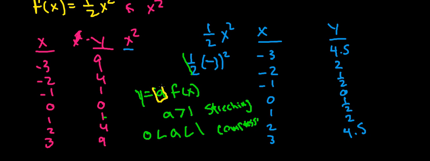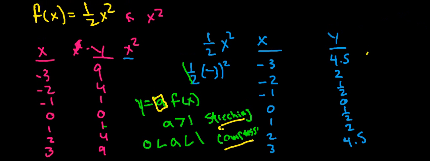If we have the base function multiplied by some constant value, and that value is greater than 1, then there's going to be stretching. And if that value is greater than 0 but between 0 and 1, there's compression. It can be a negative one, but we'll talk about that later. That would mean that there's a reflection. But let's forget about negative numbers for now. Let's just say that if a is some kind of fraction, that means there will be compression. And that's why I chose this example, because I didn't want to have a huge graph.